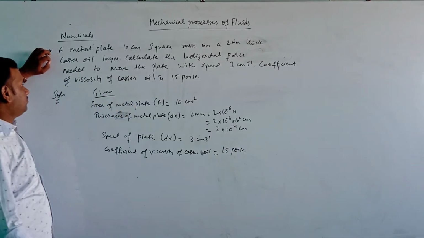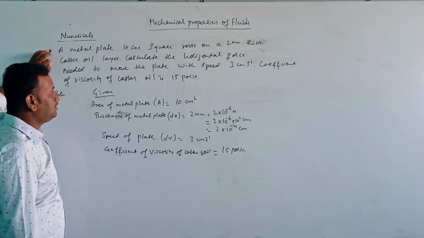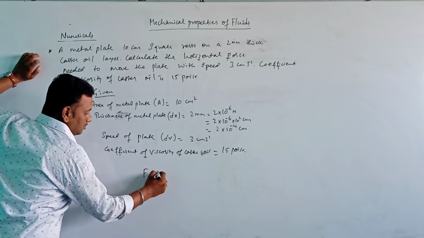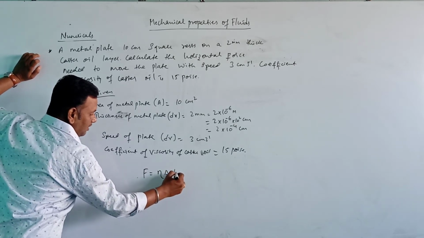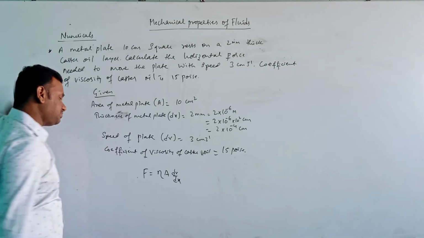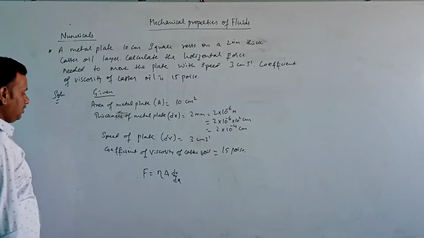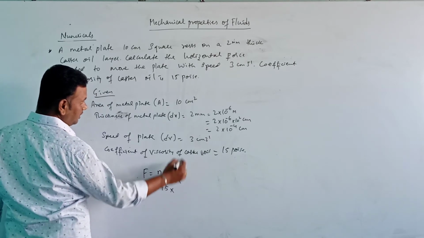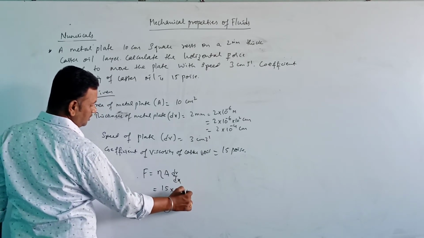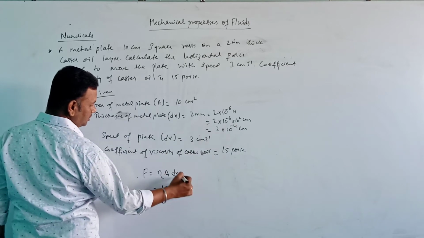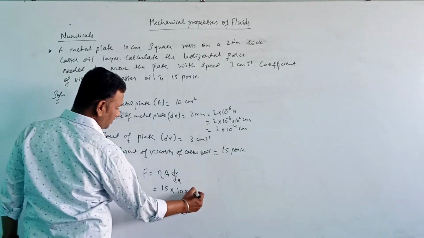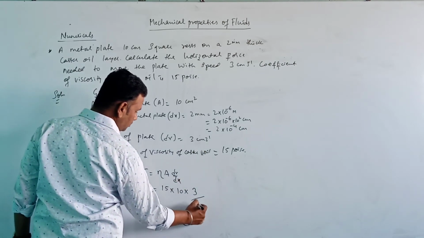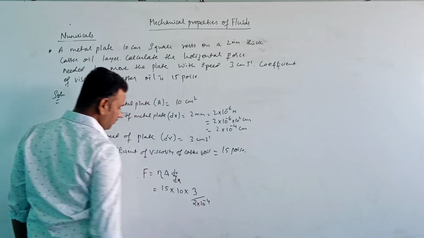The horizontal force needed to move the plate is calculated by taking the formula F is equal to eta A dv by dx. Now F is equal to eta, that is 15, area 10 into 10, dv is 3 divided by dx, that is 2 into 10 to the power of minus 4.